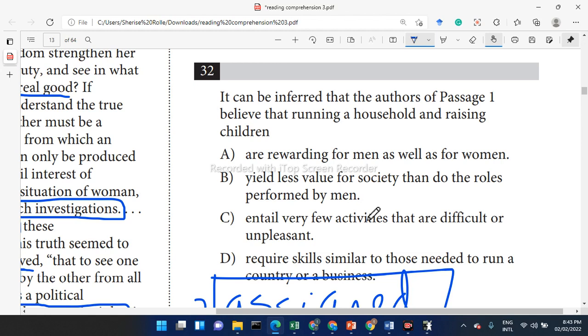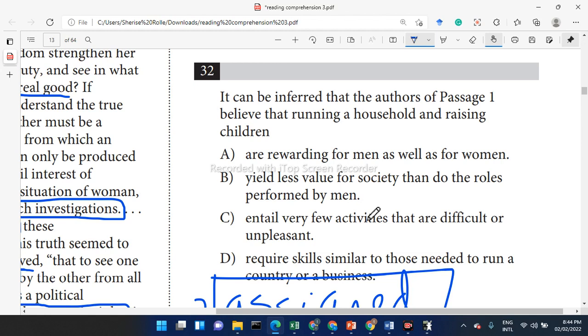It can be inferred that the authors of passage 1 believe that running a household and raising children are: A, rewarding for men as well as for women; B, yield less value for society than do roles performed by men; C, entail very few activities that are difficult or unpleasant; D, require skills similar to those needed to run a country or a business.